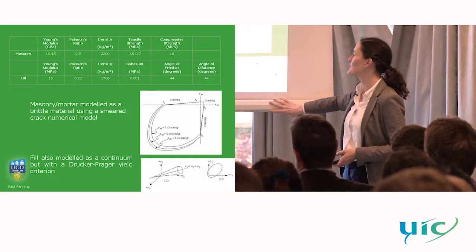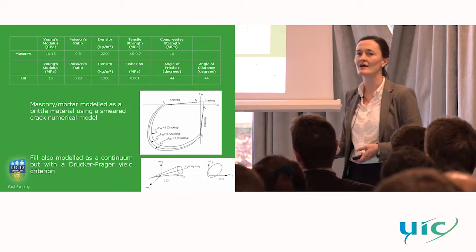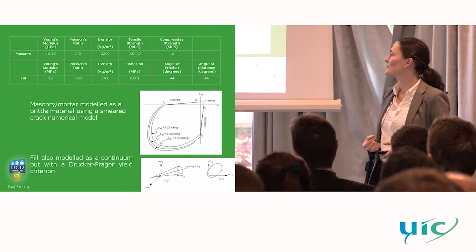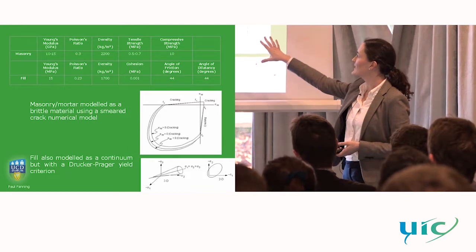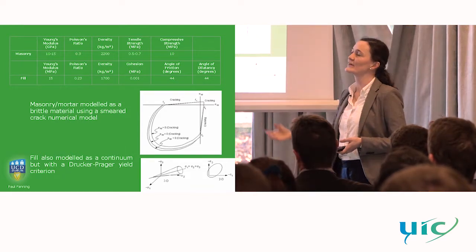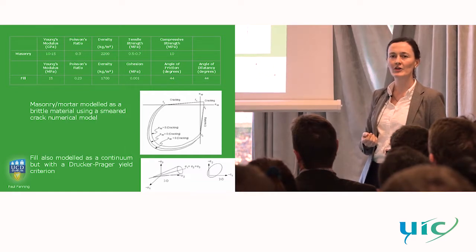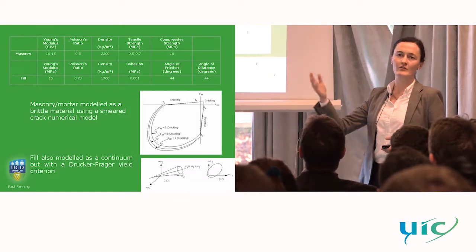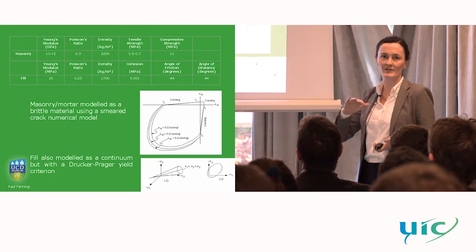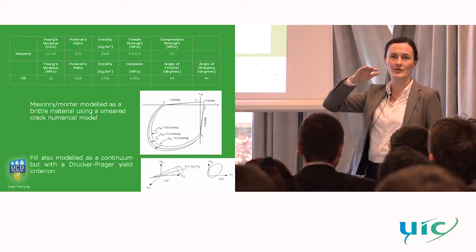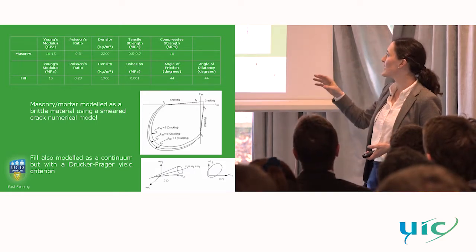The model for the masonry and mortar continuum is basically a smeared crack model. This is a type of model that was initially developed for looking at the ultimate capacity of nuclear pressure vessels. And essentially, once you reach a limiting tensile value, you can specify what the tensile behavior is. We specify an elastic, perfectly brittle material behavior for our masonry.